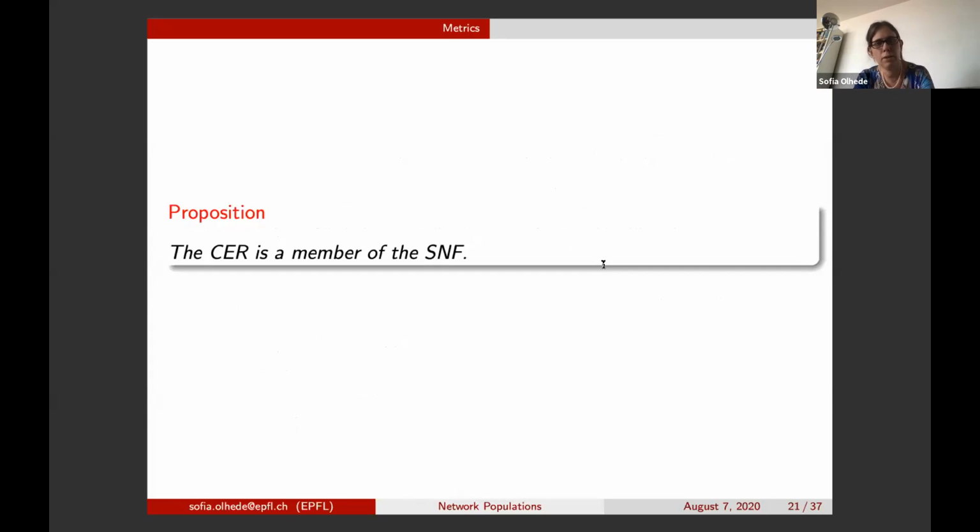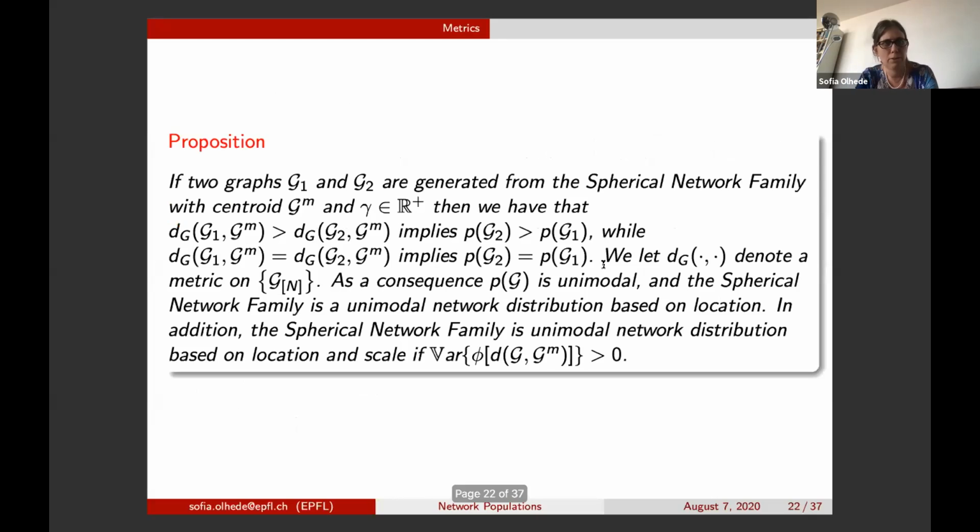And the centered Erdős-Renyi family that we made up is also an example of the spherical class of network models. And in fact, you can show that these desiderata we had for distributions of graphs to make sense, we get them with the spherical network family too.